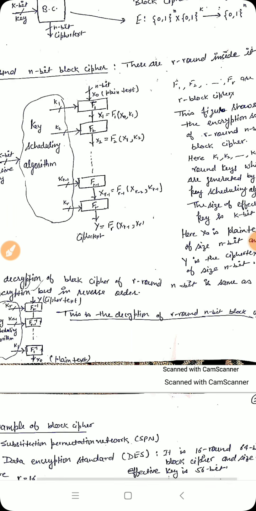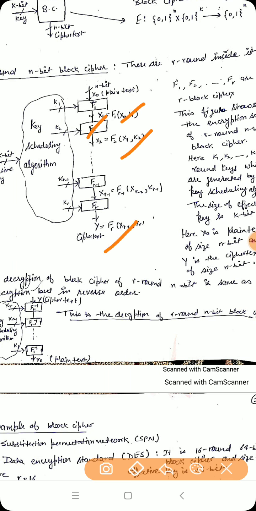X0 is the input plaintext, and X1 is the output after the first round, which is a function of X0 and K1. This output of the first round goes into the second round F2, and the output of the second round is X2, which is a function of X1 and K2.